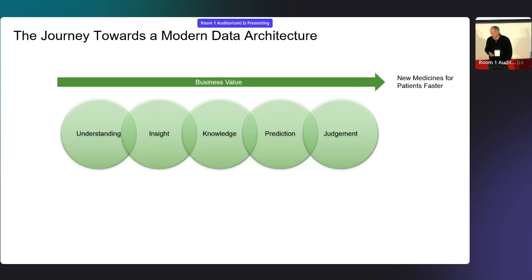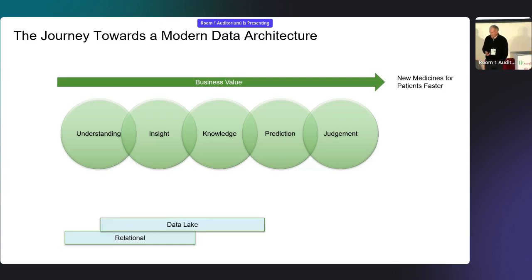But the reality is many of the tools that have been installed over the years, if you think about the trends in data, relational databases and data lakes, are probably 95% of the dollars invested to manage data.